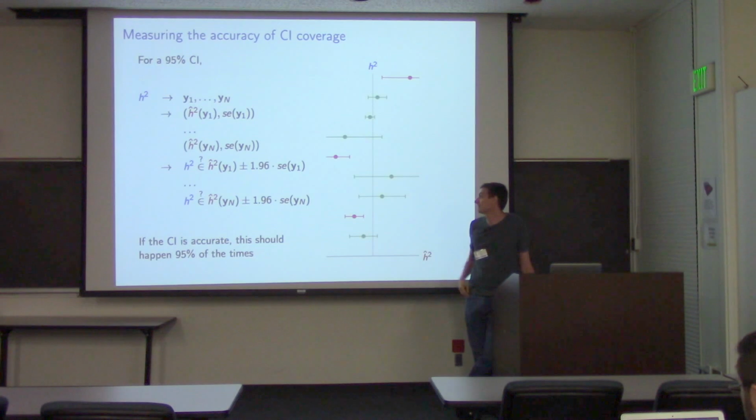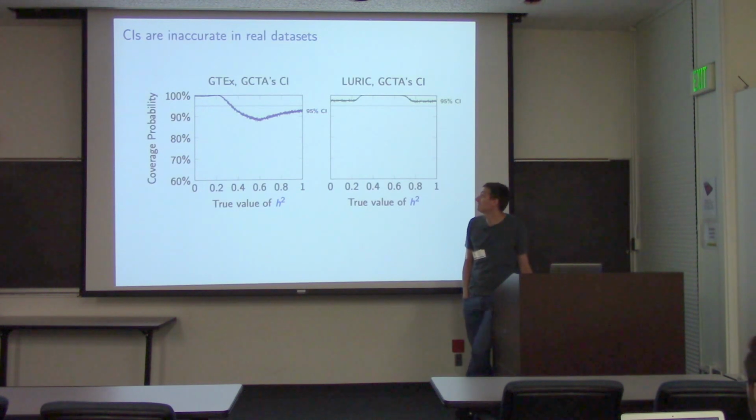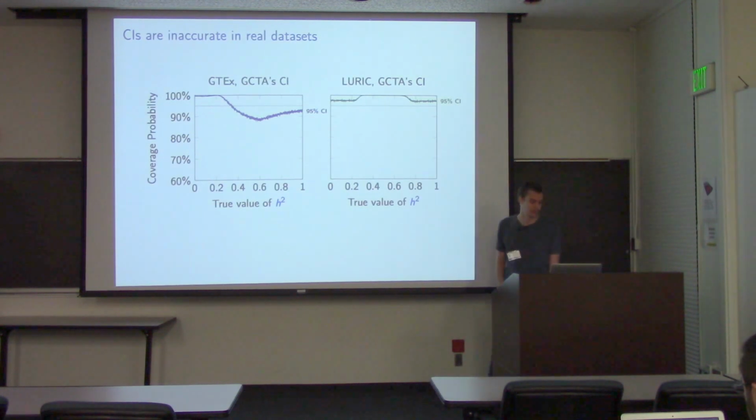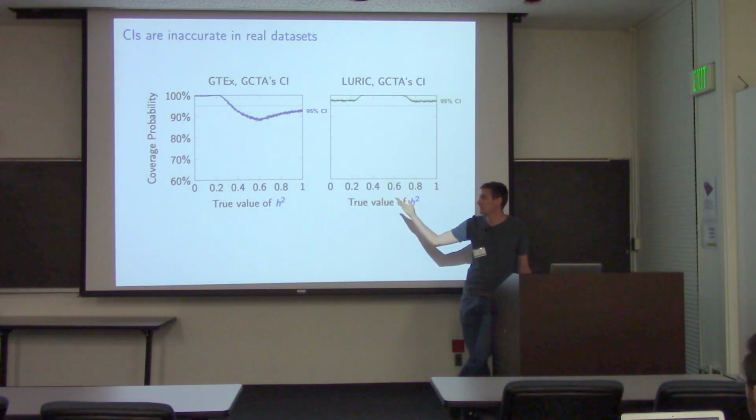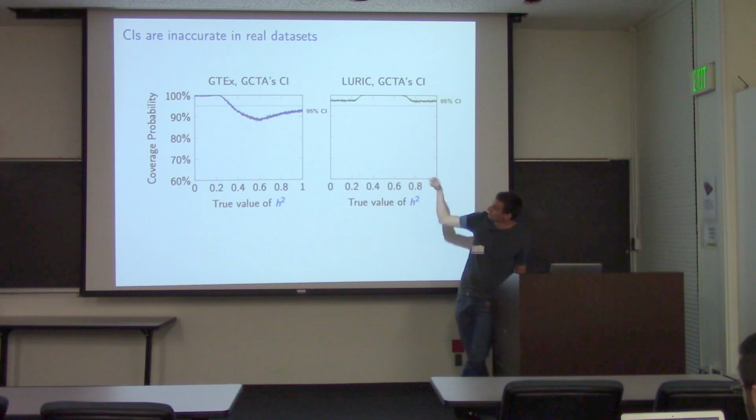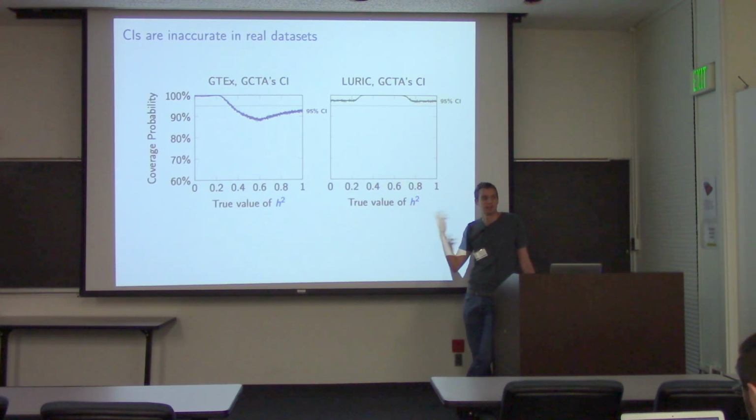Yes, exactly. So we can do that for the method of CIs with standard errors, and we can see, for example, this scenario here, in the GTEx data. What we see on the x-axis is the true value of h squared, the heritability value, and on the y-axis we see the actual coverage of the CI as I just explained.